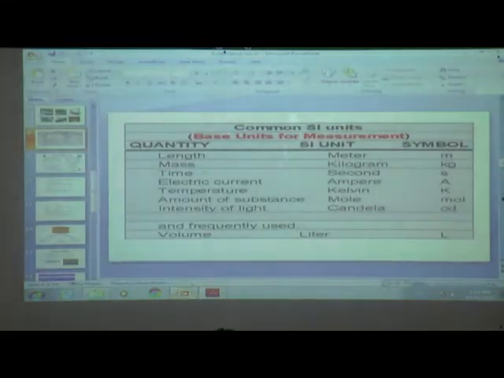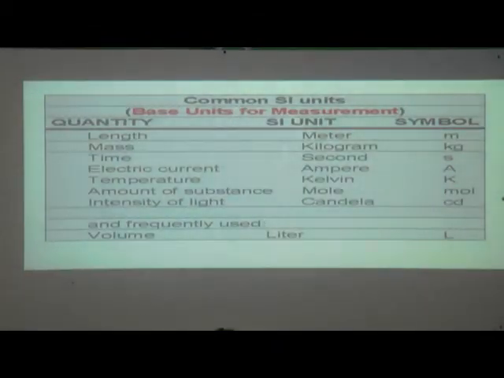Okay. So students, see here some common SI units. You can see base units for measurement: quantity, SI unit and symbol. Length SI unit is meter and we can write it as M. Mass we use kilogram and we write kg.